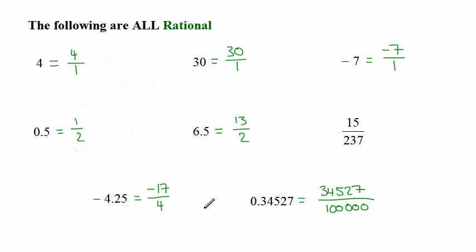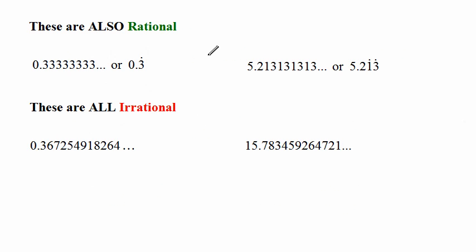Right, let's now look at some other examples. Okay, so here we have some rational and irrational numbers. So let's look at these and try and figure out why they are different. What you should notice is that each of these examples are numbers containing a non-terminating or never-ending decimal. The decimals go on and on.